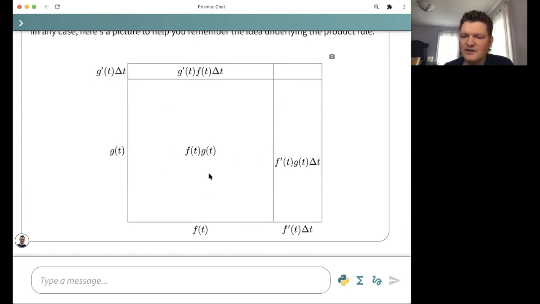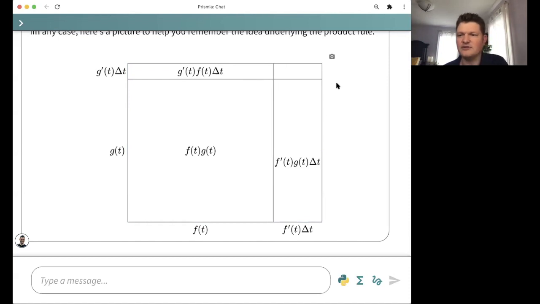I have my f of t, g of t, that's where I started. And then how much did I change by? Well, I really added these two panels, this long rectangle and this long rectangle. And also this small rectangle too, but as delta t gets really small, this is going to be super tiny. And these are just going to be pretty tiny. They're going to be slender, but they'll still have one big dimension. And this one up in the top right is going to get really small in both dimensions.